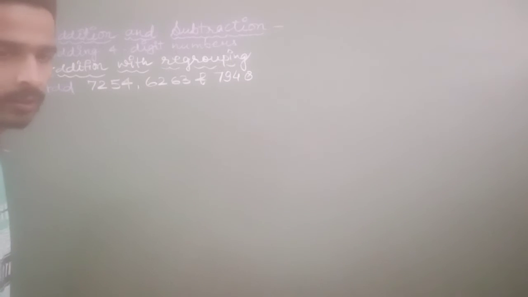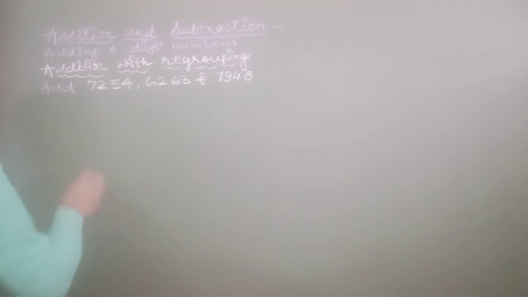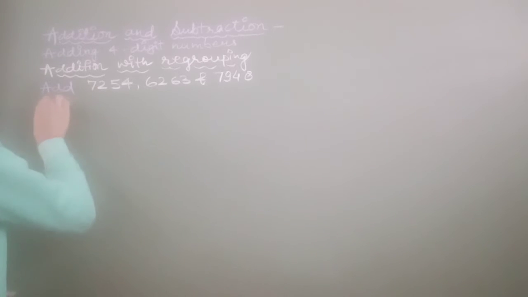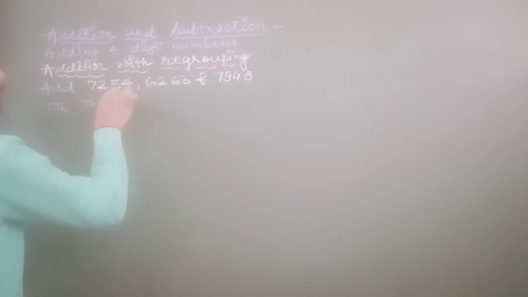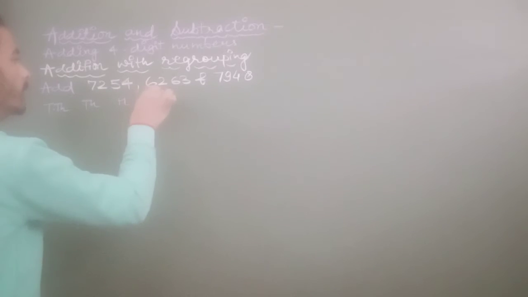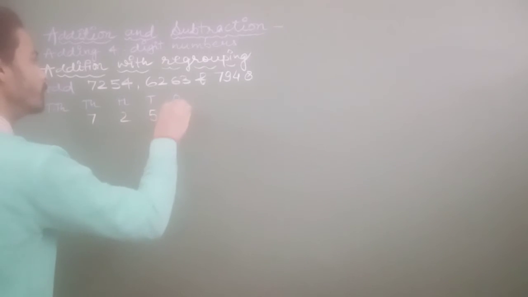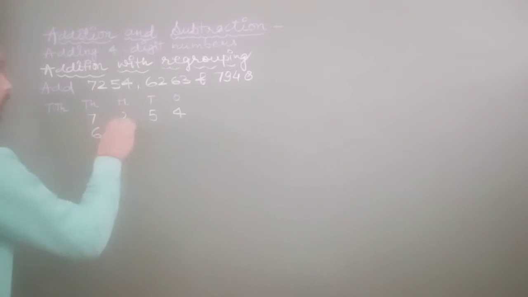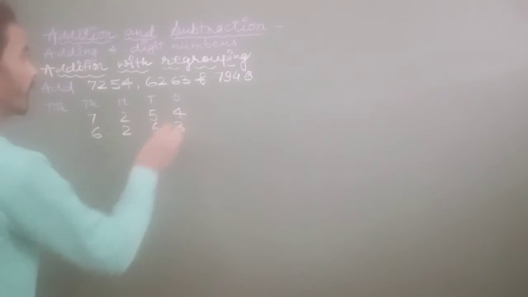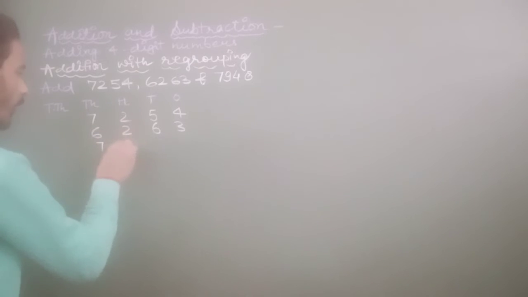Firstly, write in columns: ten thousands, thousands, hundreds, tens and ones. 7254, 6263, 7948.